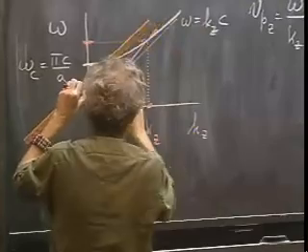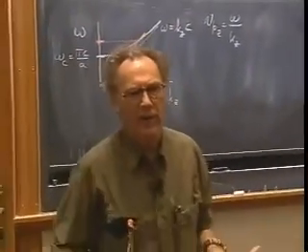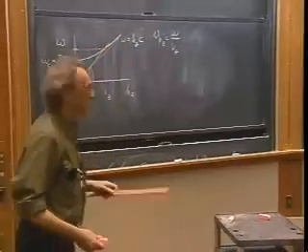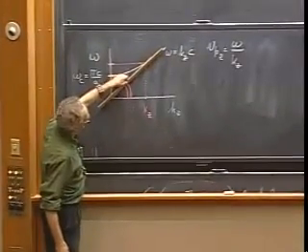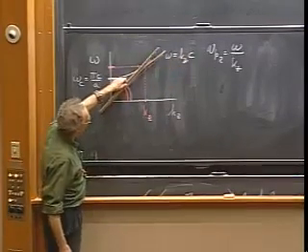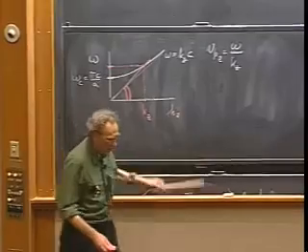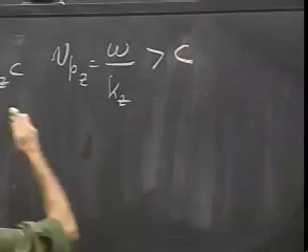And so this angle is an indication for the ratio omega divided by kz, which is larger. This angle is higher than this one. And this was c, remember? And so you see that that value is always larger than c. You can just see that by looking at the graph.